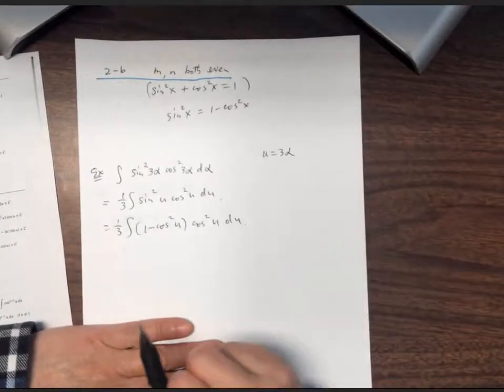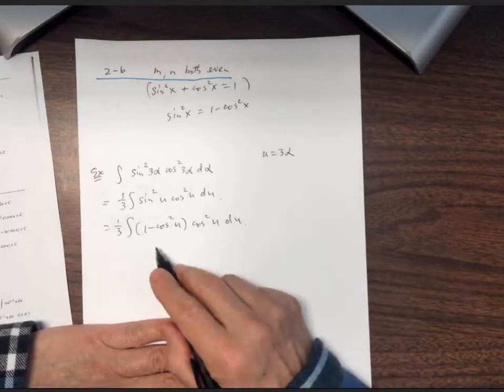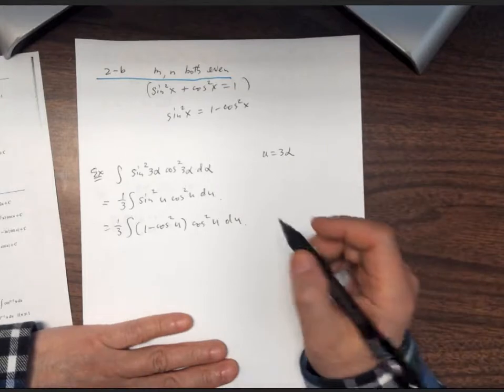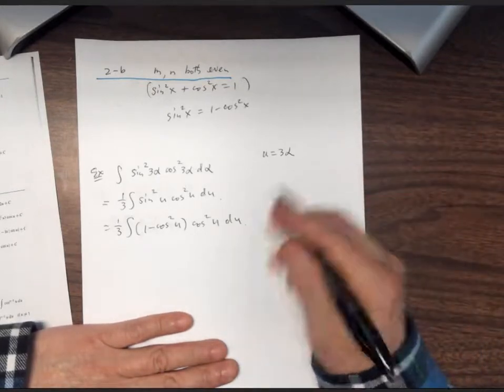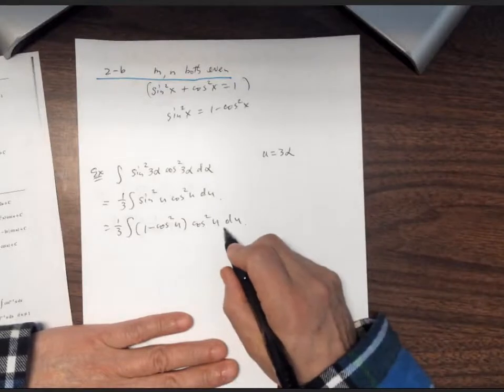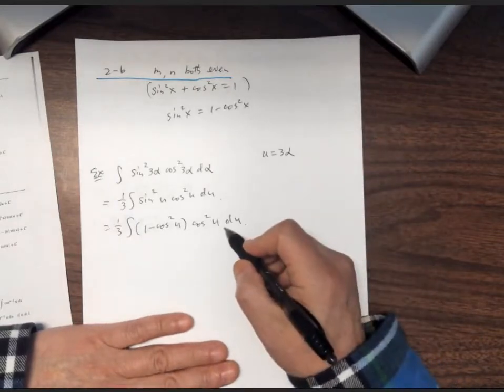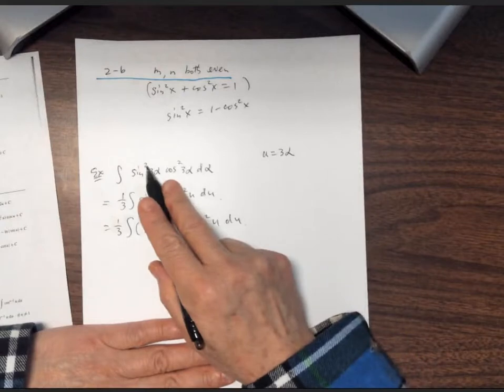Now, two things. One, you're not going to think, we got a cosine here, we got a cosine here, we have a cosine everywhere. Can we try u equal to cosine? No, because for that to work, we would have to have another copy of sine here, right? Which we don't have. If we had that, it would be like a 3rd power here.